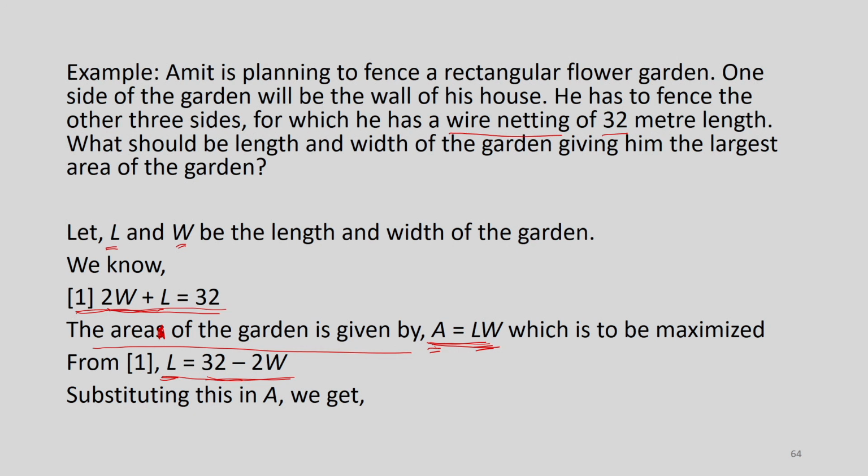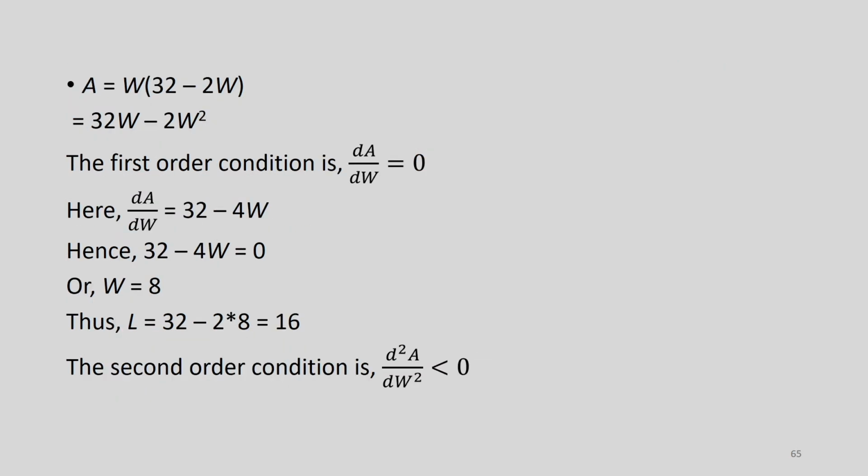We substitute L from this relation into the area function. So, A will be equal to W multiplied by 32 minus 2W. Basically, instead of L, I have written 32 minus 2W. That equals 32W minus 2W square.